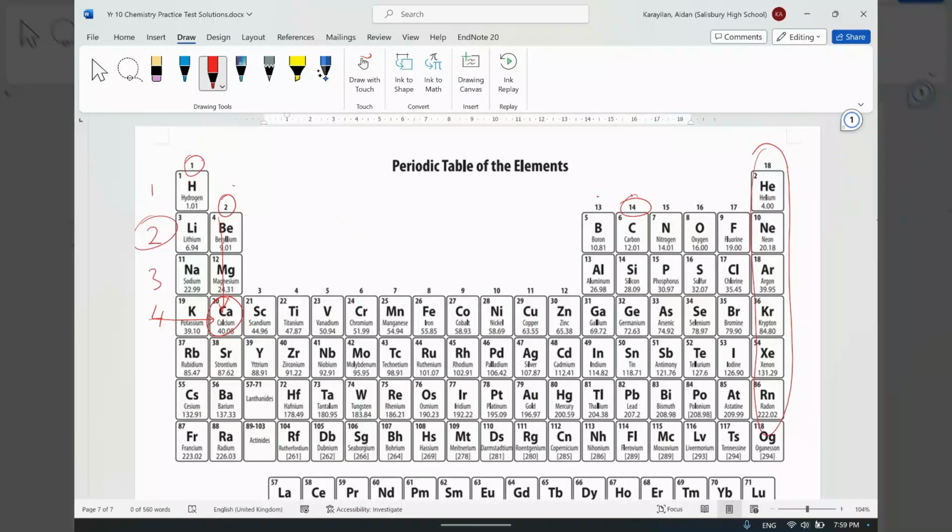So the noble gases are elements that are pretty much all gases at room temperature, and they don't really like to react with anything at all. Reason being that they have their happy outer shell, and chemical reactions are elements trying to get their happy outer shells. So in this case, group 18 is our noble gases.